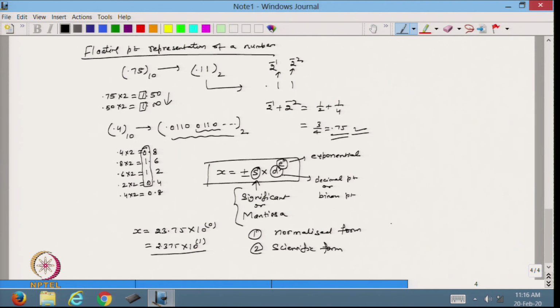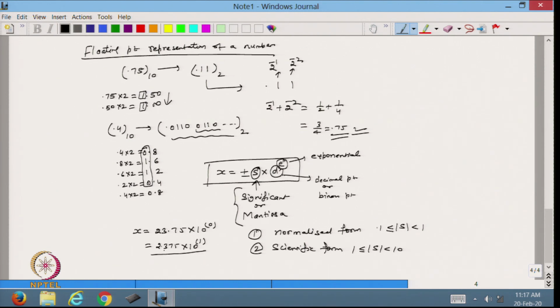The normalized form is that the value of s always lies between 0.1 to 1, and in the scientific form its value is from 1 to less than 10. So, this is the normalized form and this is the scientific form.